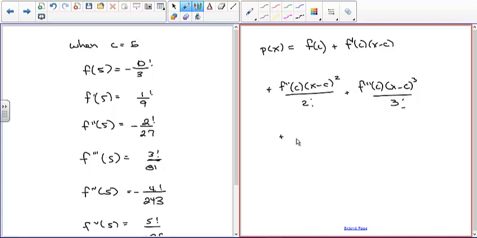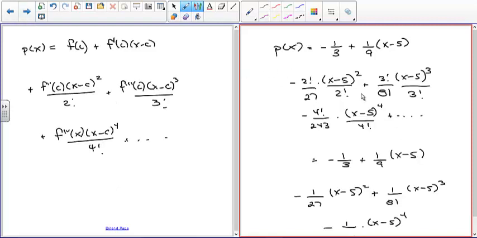And then you take the fourth derivative of the function times (x minus c) to the fourth power over 4 factorial. And you keep doing that. So that's the Taylor polynomial for a function. So if we plug in what we have from our previous step, the value of the function at x equals c was negative 1/3.